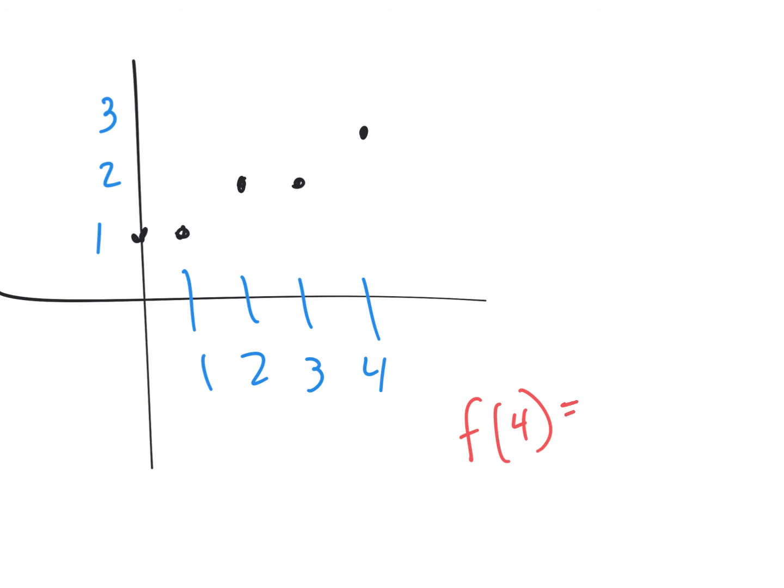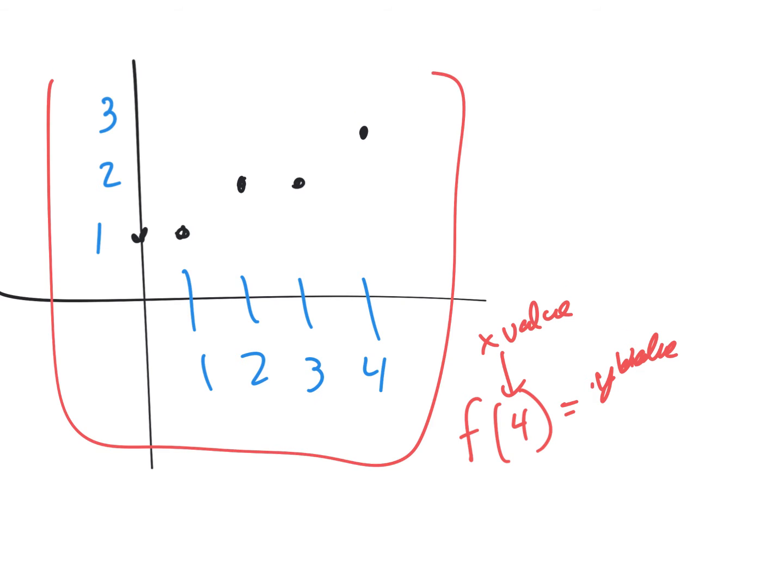Remember, I'm asking for a y value. And this is the x value. So I basically just said, hey, what if I stick in 4? What do I get? Look on this chart. This is the x's. This is the y's.